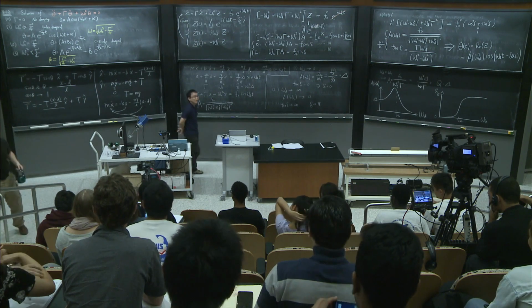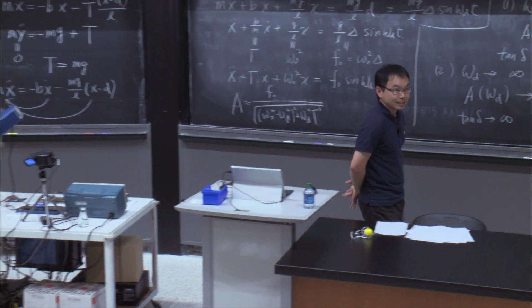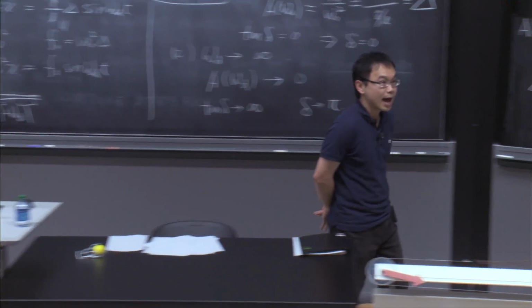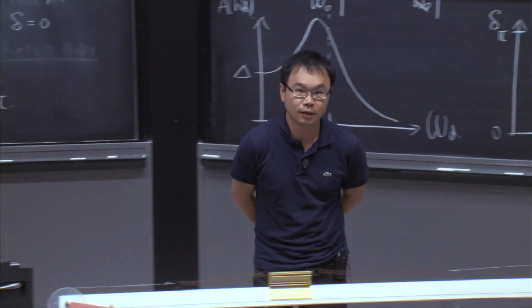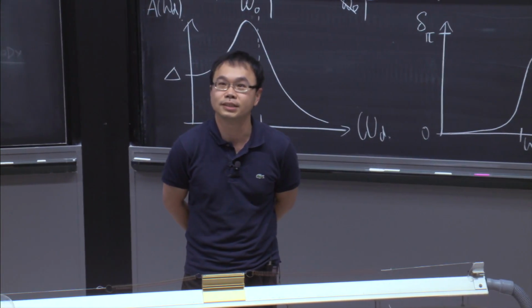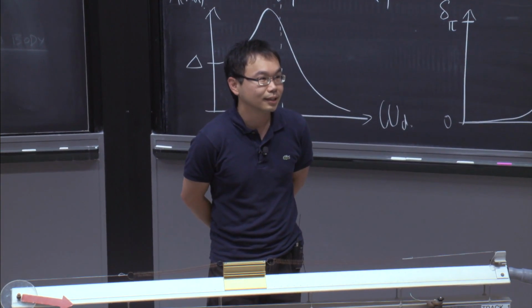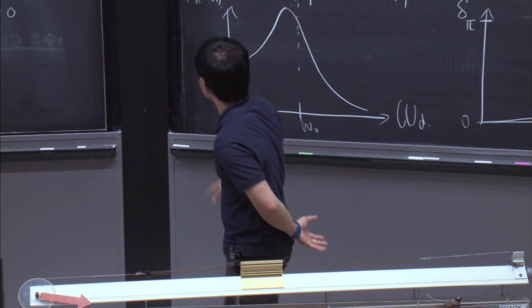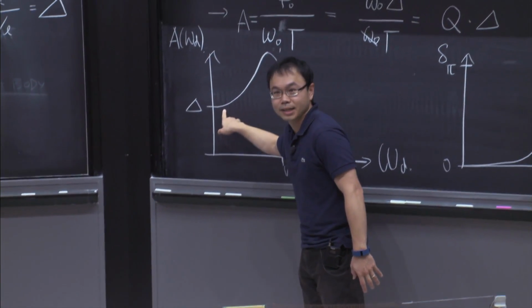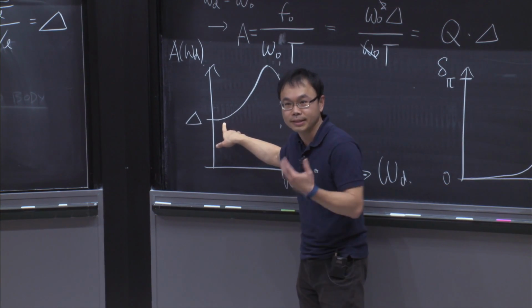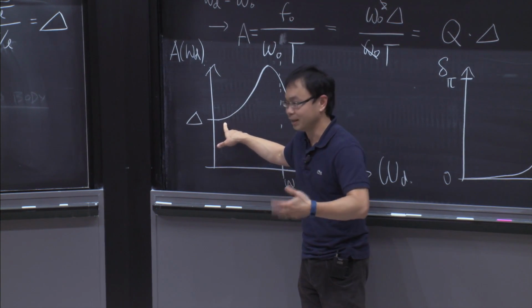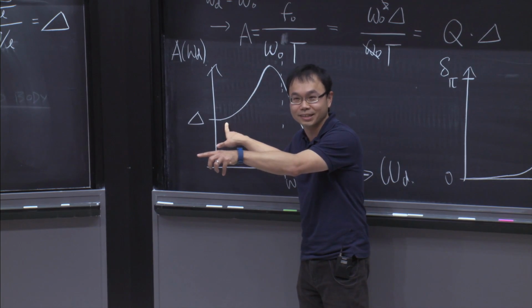So you can see the power of resonance, right? If I tune down the frequency slightly more, then it will be here, right? Then you will not have enough amplitude to break the glass.